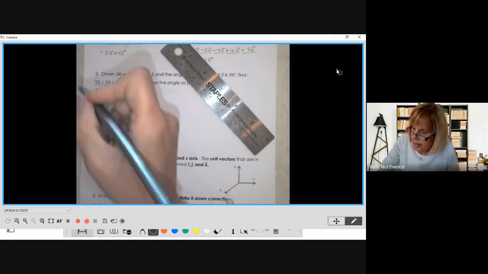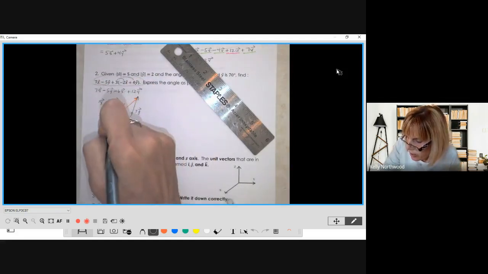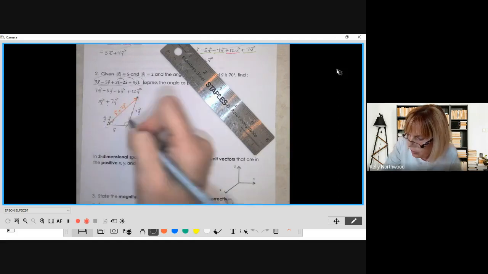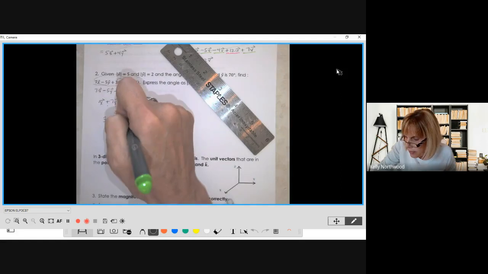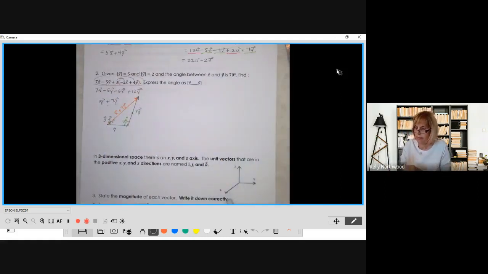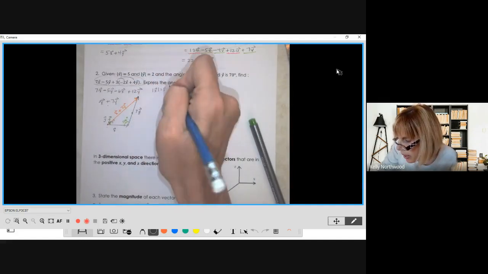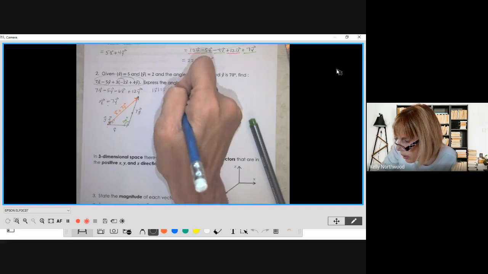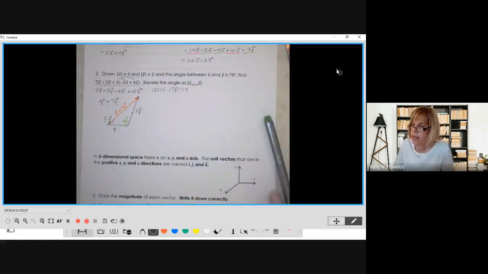And again, since vector y and vector 7y are parallel vectors, this angle and that angle add up to 180. So if this angle is 70, this angle is 110. And we know the magnitude of vector x is 5, and the magnitude of vector 7y is going to be 7 times 2, which is 14. So now we're ready to use the cosine law to find the magnitude of vector x plus 7y.